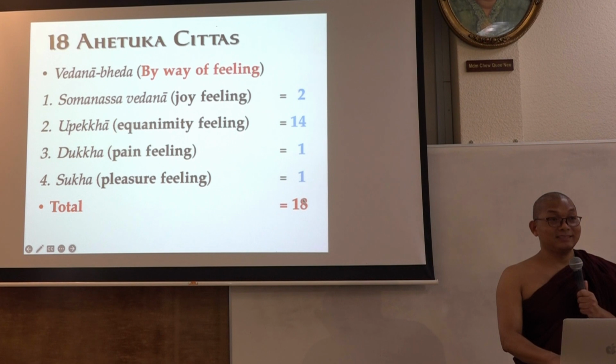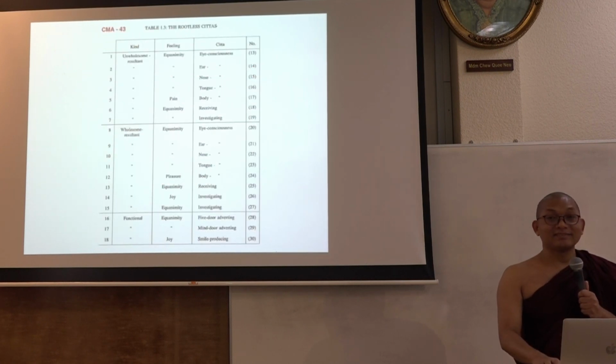Is it easy? Oh, you're shaking your hand. It's not easy. I mean, if you just look at page number 43, then it's very easy. What you have to remember is only the pain feeling.